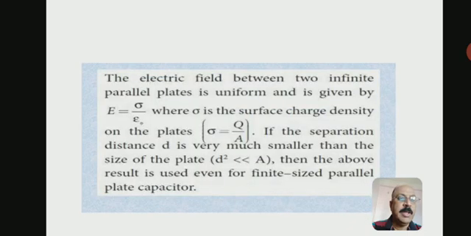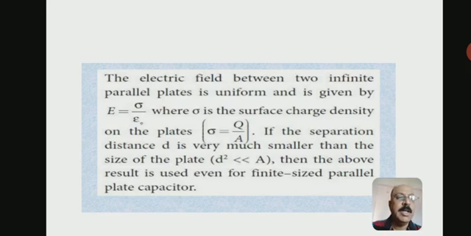Then the electric field between two infinite parallel plates is uniform, and it is given by E is equal to sigma divided by epsilon naught, where sigma is the surface charge density on the plates. That is, sigma is equal to Q divided by area, charge per unit area, called the surface charge density.